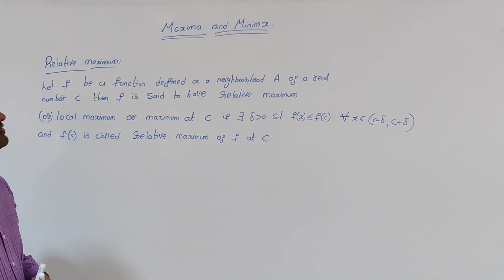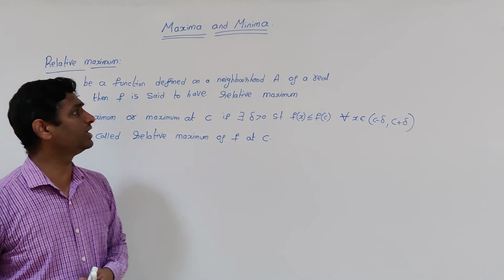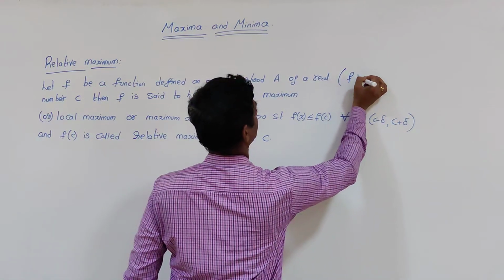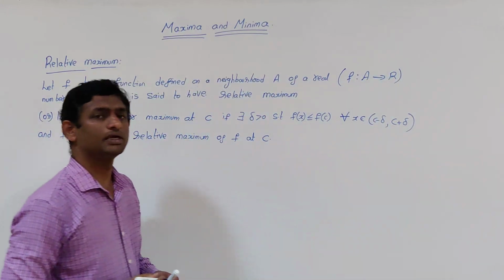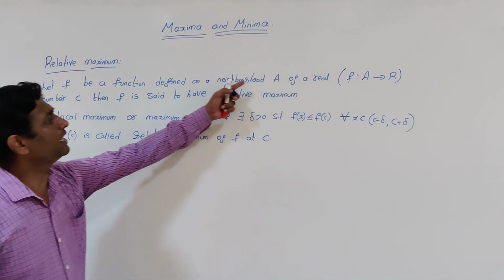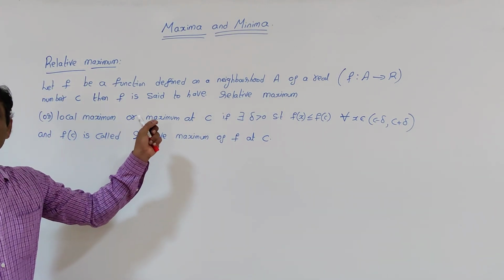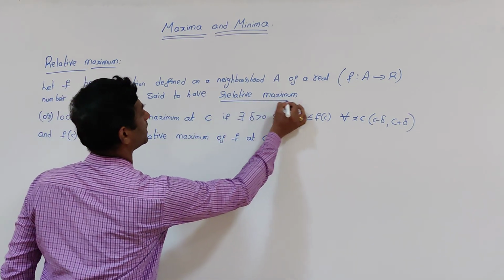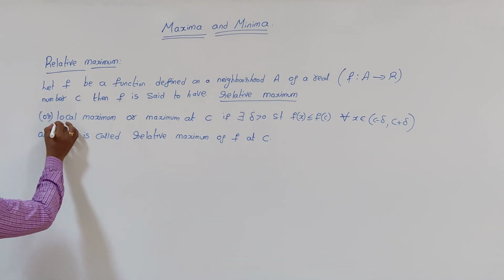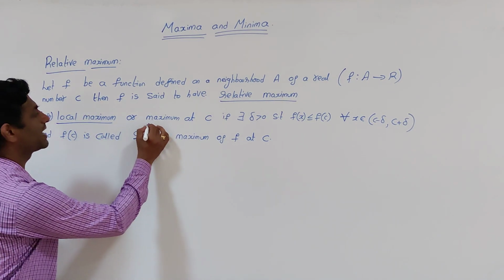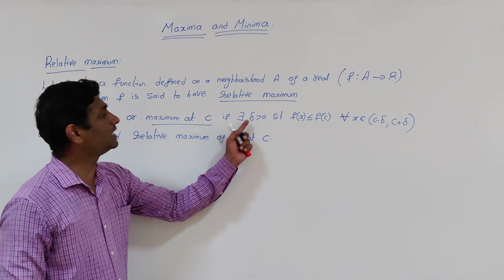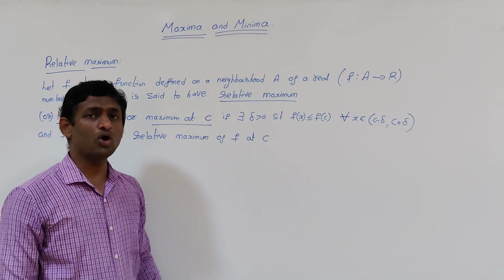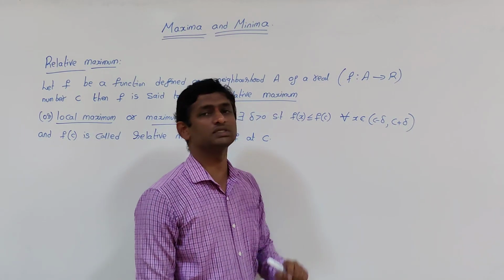Let f be a function defined on a neighborhood A of a real number C. Normally f is a mapping from A to R and defined on a neighborhood A of a real number C. Meaning if C belongs to A, then f is said to have a relative maximum, or another name is local maximum, at C if there exists a delta greater than 0 such that f(x) is less than or equal to f(C) for all x belonging to (C minus delta, C plus delta).